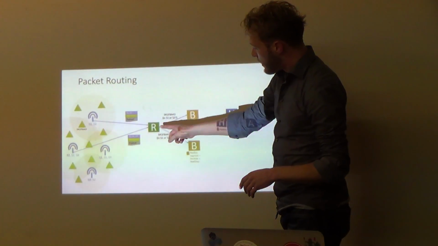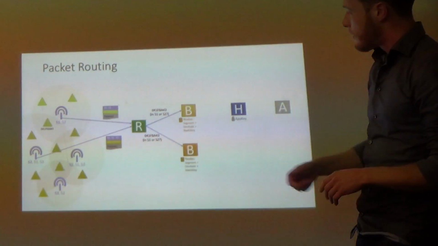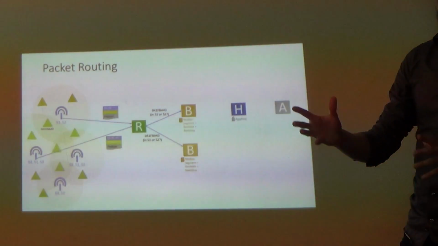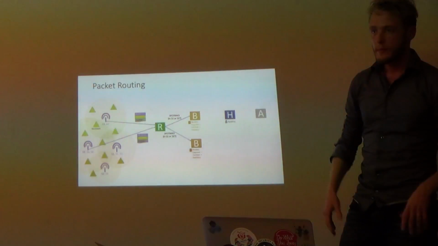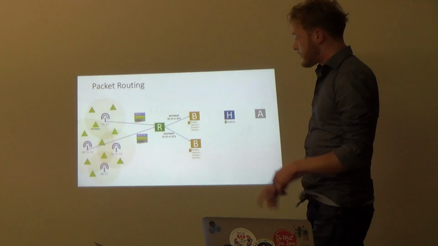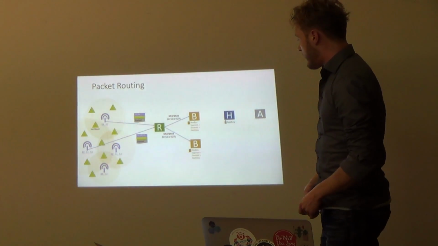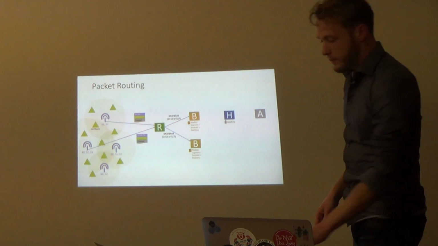So the router, if it doesn't know the device address in this specific segment, just asks the broker, hey, can you handle this message in this specific segment? And the broker answers.